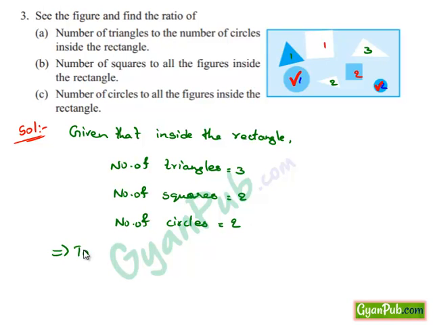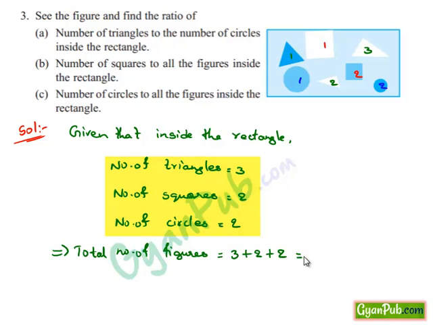This implies total number of figures inside the rectangle is nothing but sum of number of triangles plus number of squares plus number of circles, which is 3 plus 2 plus 2, which is equal to 3 plus 2 gives 5 and 5 plus 2 gives 7. Therefore, total number of figures inside the rectangle is 7.